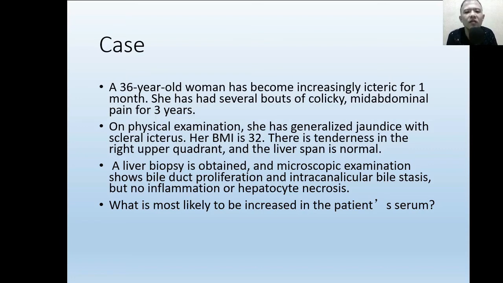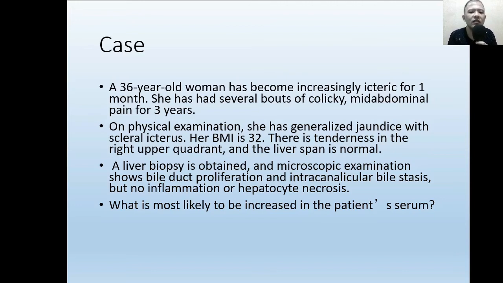Number 1, the patient has several risk factors. In this case, the patient is female, the patient is fat, and the patient has colicky mid-abdominal pain. Colicky means there is a spasm. So we're talking about cholelithiasis.